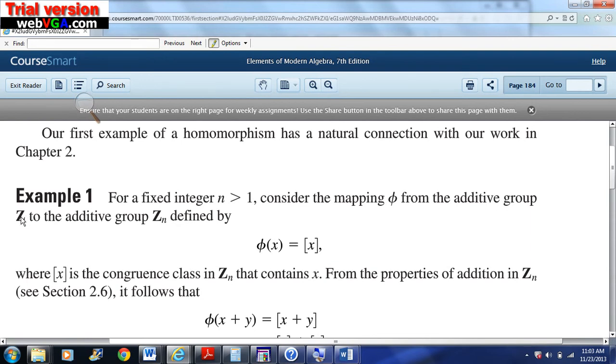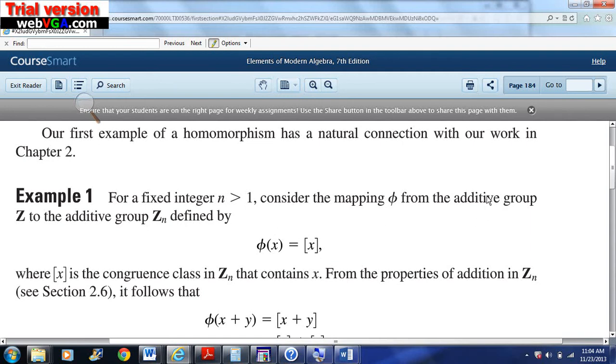Z is like G in our definition, and Z sub n is like G prime in our definition. And once again, phi maps Z into Z sub n, and both operations are addition.